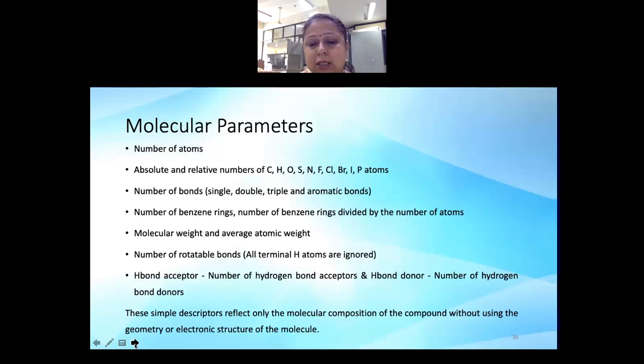These simple descriptors reflect only the molecular composition of the compound; we are not considering the geometry or electronic structure of the compounds. So these are simple 1D parameters.